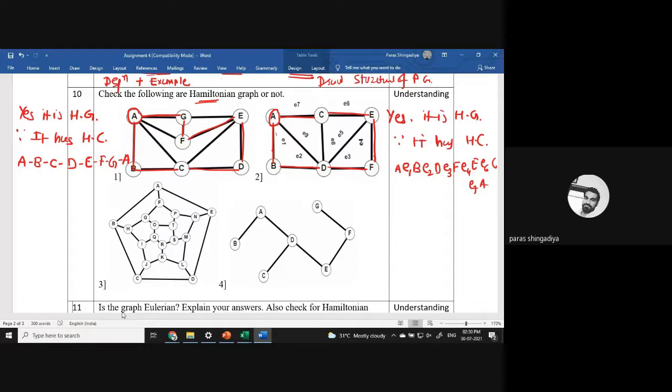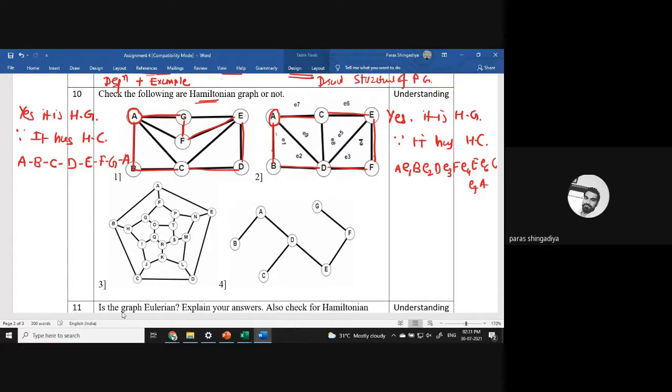Now what about the third one? It is one of the complex graphs which includes 20 vertices and a number of edges. So you have to start with one vertex, fix a starting place, okay? And move in the graph such that all vertices are covered, and again you can reach back to the starting place.